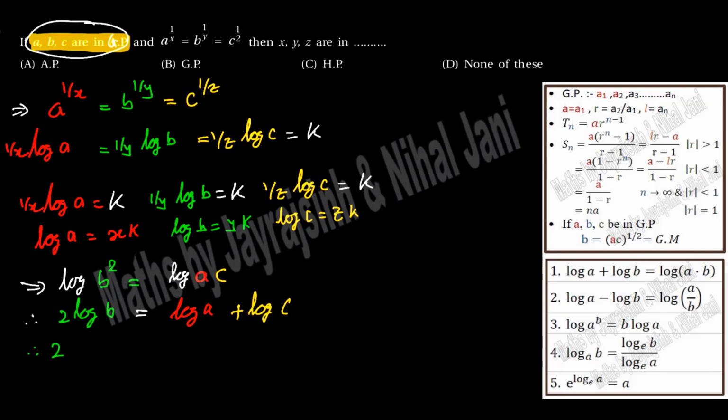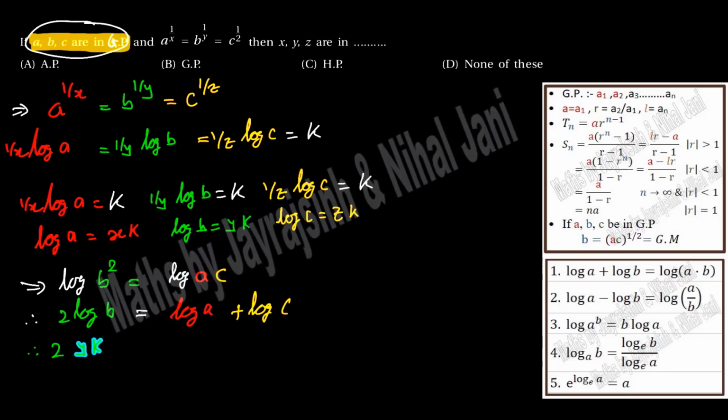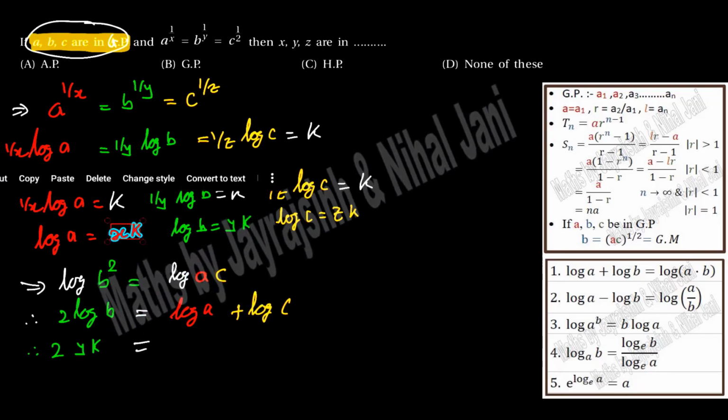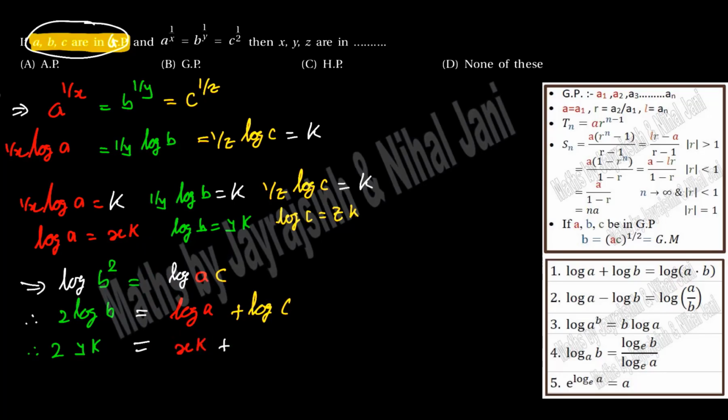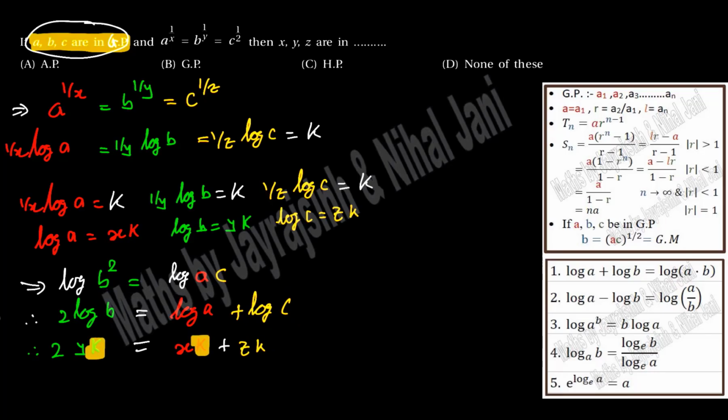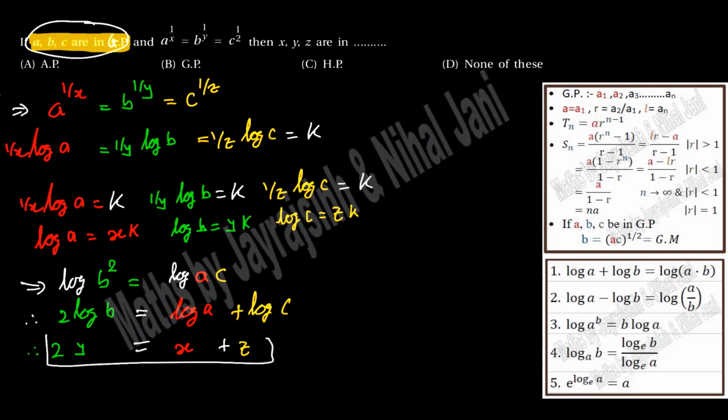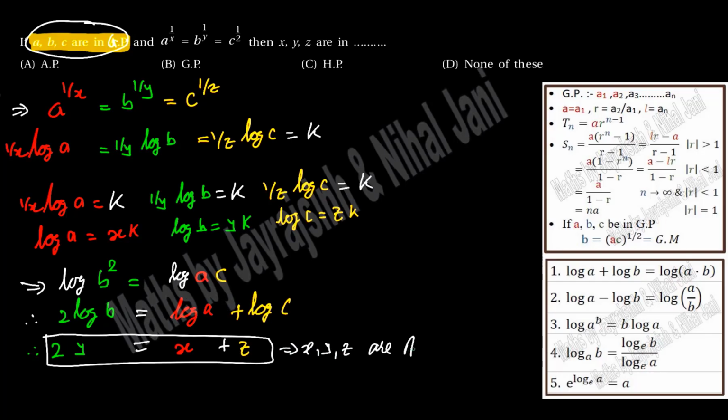Now we know that the value of log b is yk, log a is xk, and log c is zk. So we can take k common and it will cancel out from both sides. So we will get 2y is equal to x plus z, which suggests that x, y, z are in AP, which is given in option A.